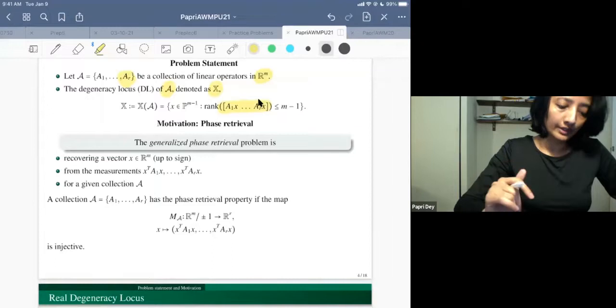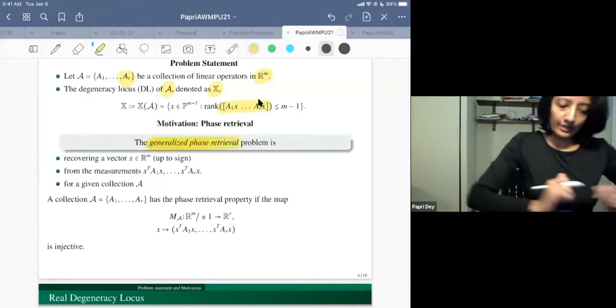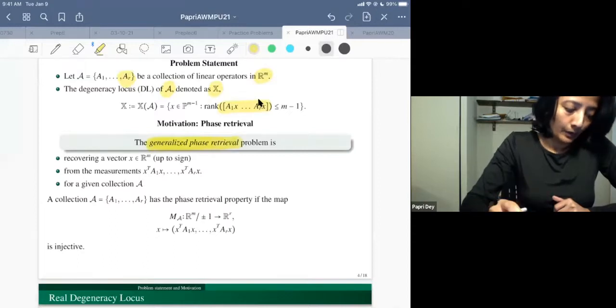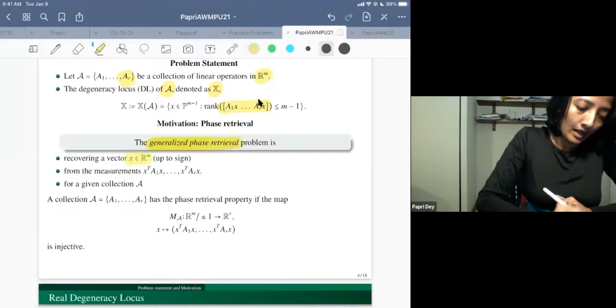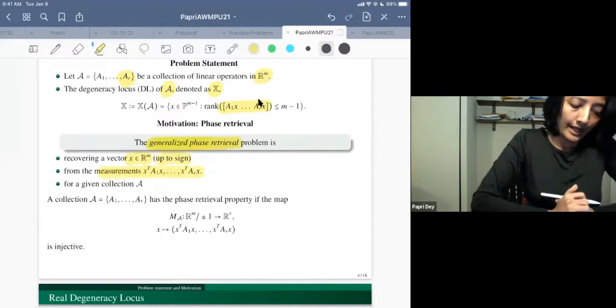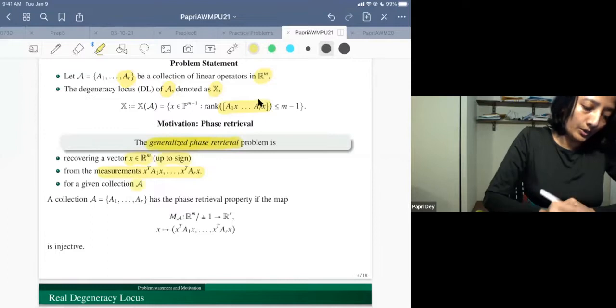What is phase retrieval? In our topic, actually, we want to define generalized phase retrieval. The generalized phase retrieval is the problem to recover a vector x in Rm up to sign from a given measurement, which is quadratic measurements, x transpose A1 x, ..., x transpose Ar x, for a given collection A equal to A1 to Ar.